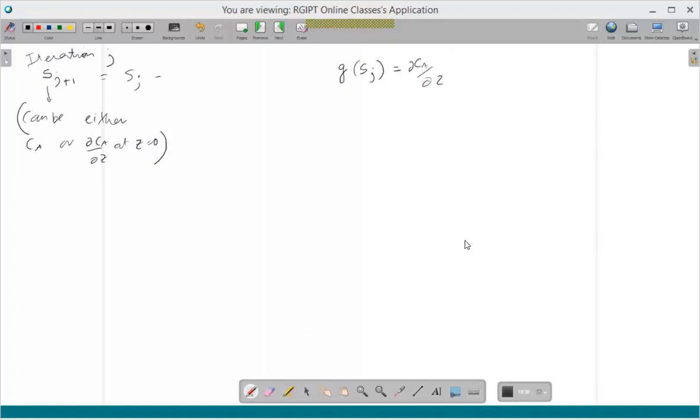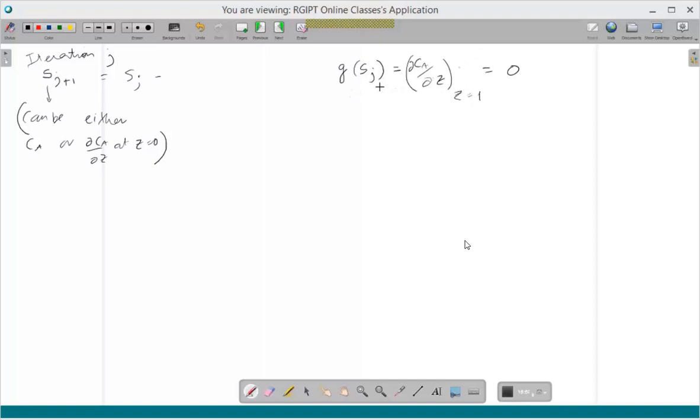Yes, Pawan, I'm just coming to your comment. Just a second. So G of Sj is del CA by del Z at Z equal to 1, and that should be equal to 0. This is what I want.